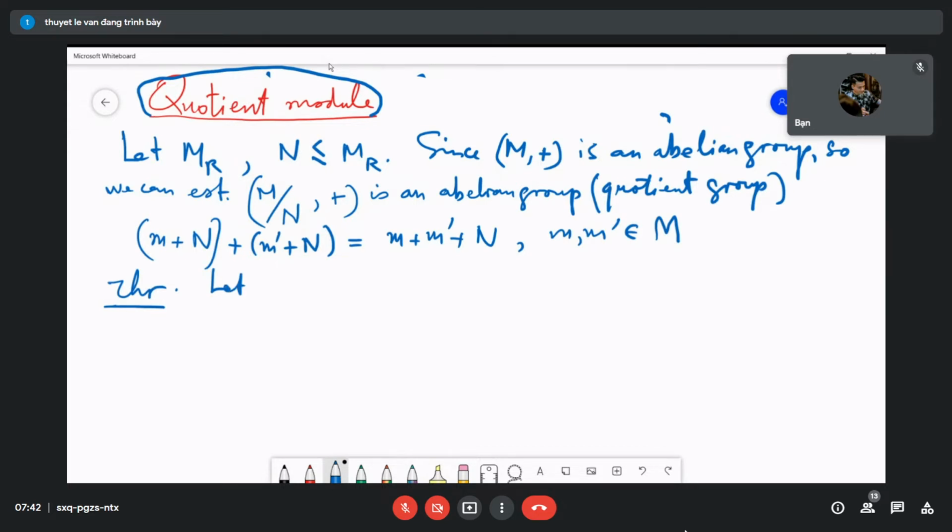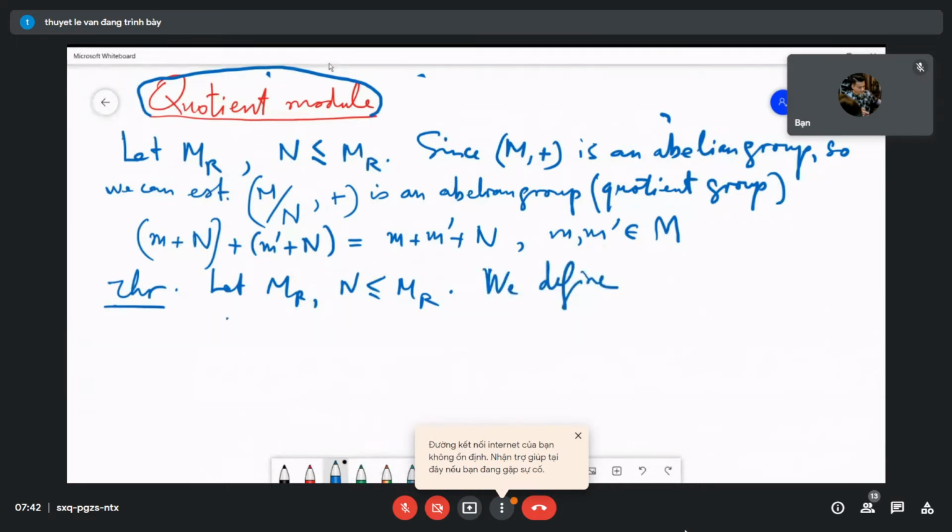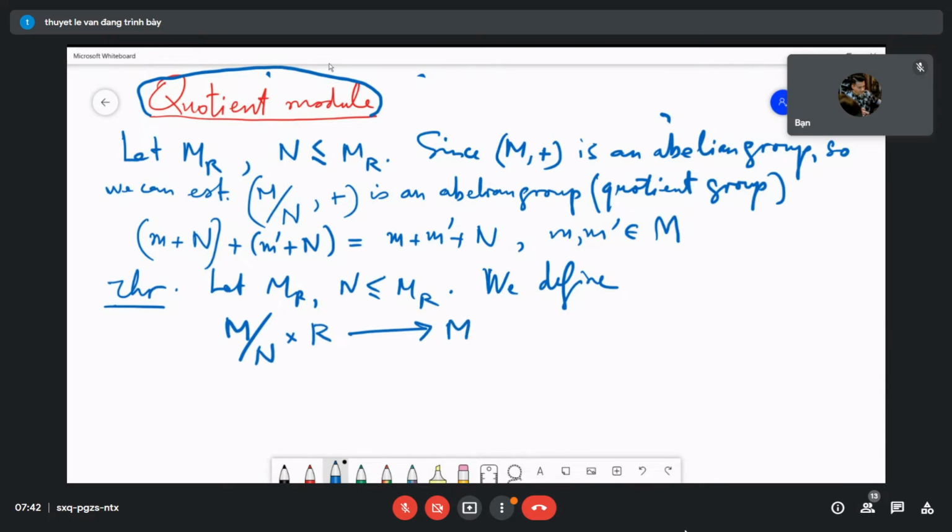Okay, let N be a submodule of MR. We define M over N times R to M over N, that sends m plus N and r in R to m plus N times r, that is equal to mr plus N.